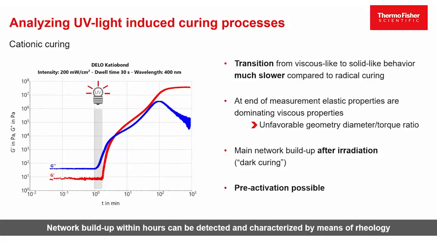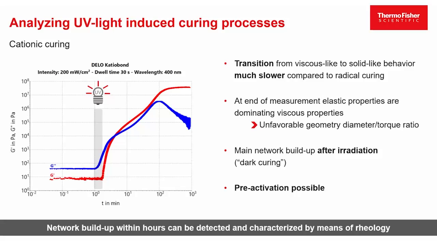In this case, this buildup happens at such a high extent that the geometry diameter to torque ratio gets unfavorable, and the signal to noise ratio is dramatically impacting the G double prime reading.